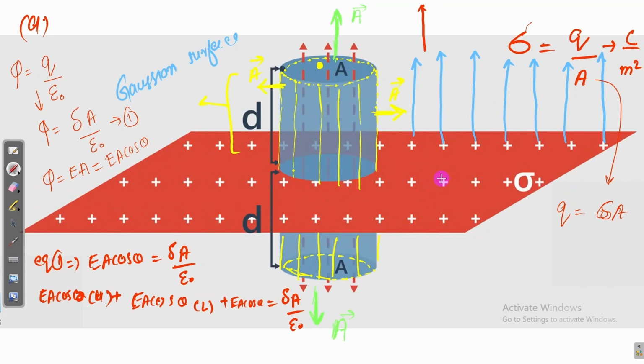This is from the positive side, originating from these positive charges and moving in the upward direction, and the direction of the area at the upper side is also from lower to upper. So this is the direction of the area, and this is also the electric field line. The direction of the electric field line and the direction of the area are both in the same direction, therefore the theta between them is 0.